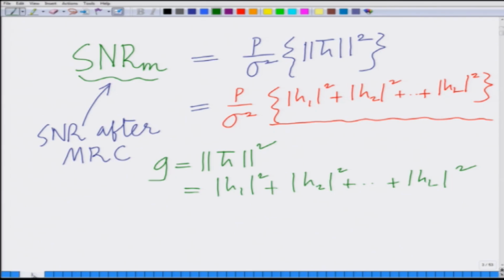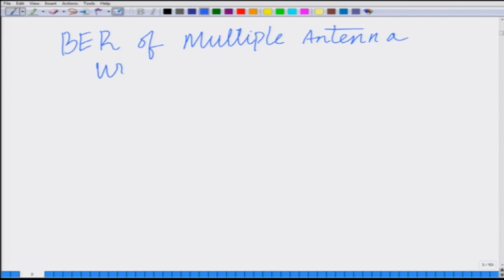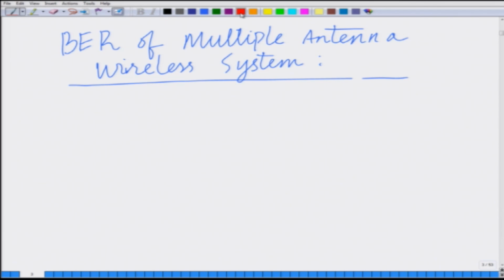Now, we would like to analyze the bit error rate of this multiple antenna wireless communication system, and towards that end we are denoting G equals magnitude H1 square plus magnitude H2 square plus so on up to magnitude HL square.